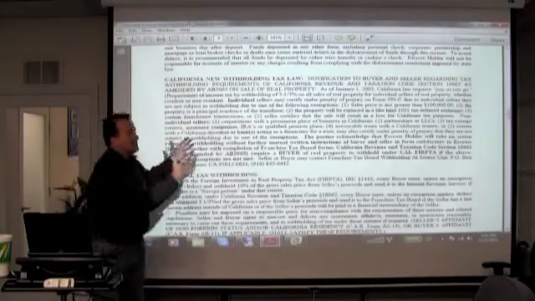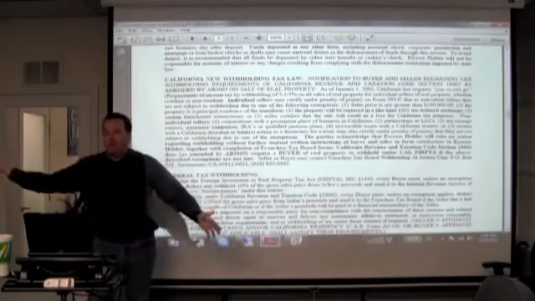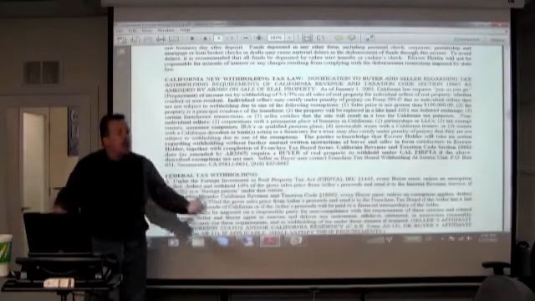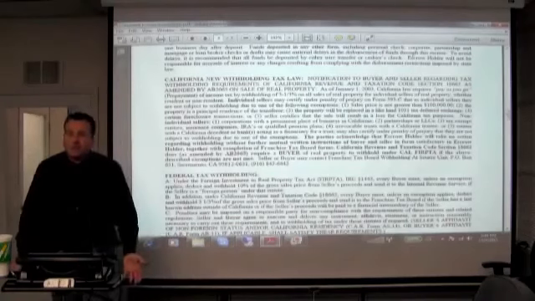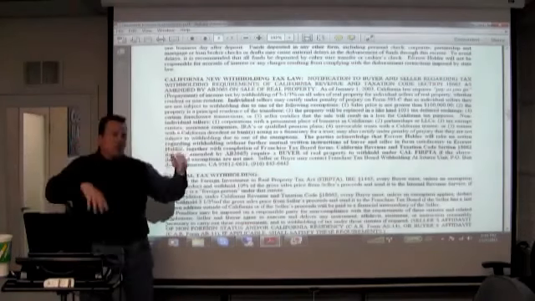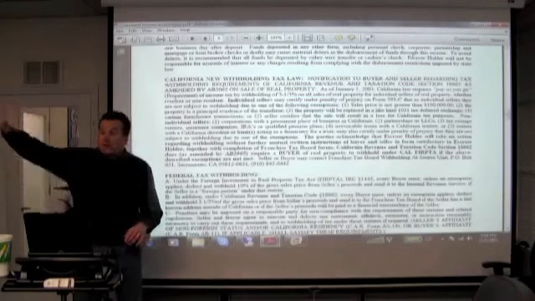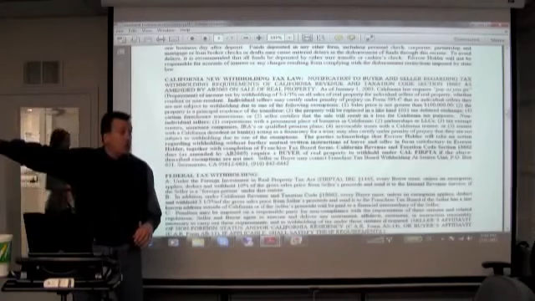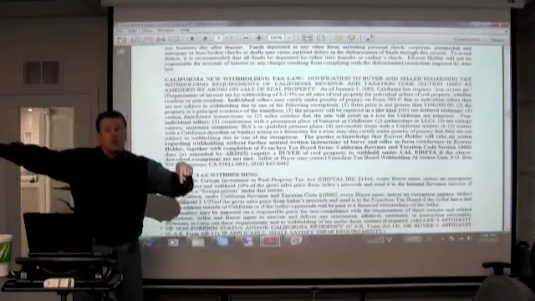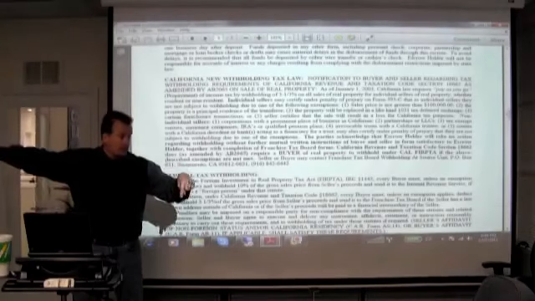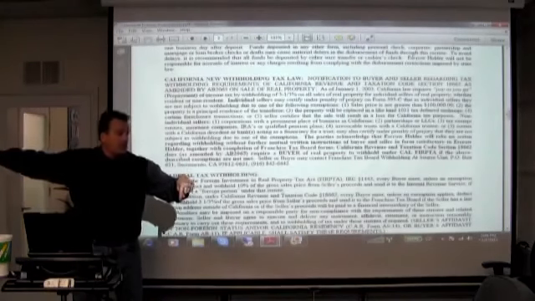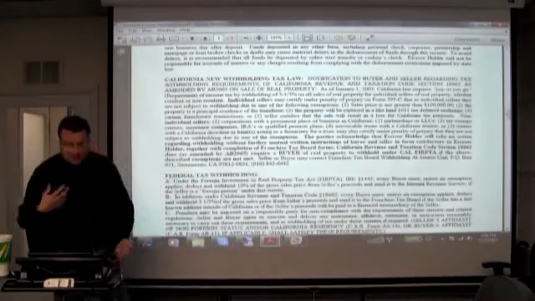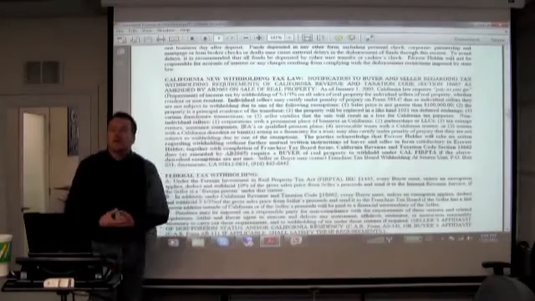You have a seller that sells their property in California, maybe they're moving to Nevada. They really don't plan on coming back to California. California kind of does the settlement statement, and oh, by the way, when they move out of California, guess what they don't do in California? They don't file their tax return in California. So California does it for them and says, hey, by the way, you owe us money.